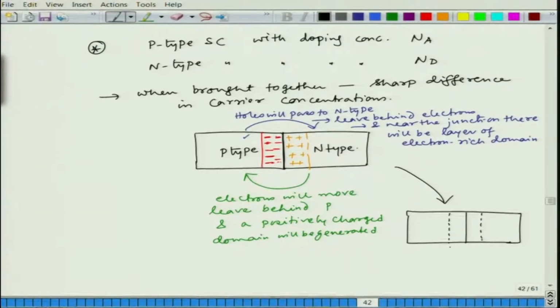So, this is the domain of effective charge, right.